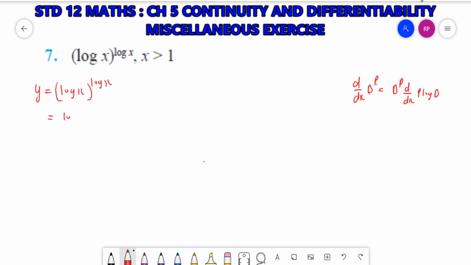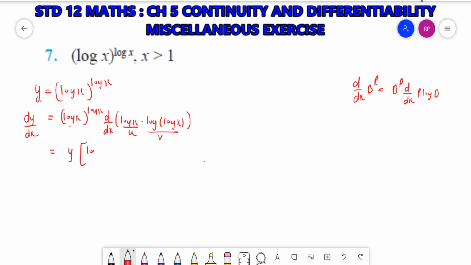So this will be equal to log x whole raised to log x into d by dx of p, meaning the power, which is log x, into log of b, that is log x. So u and v. Okay, so let's write down temporarily dy by dx, replacing this as y, we'll put down the value again last.